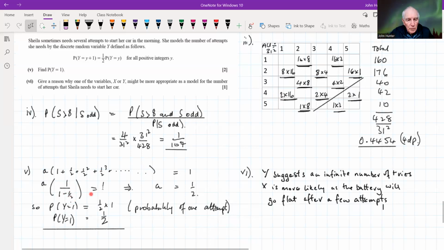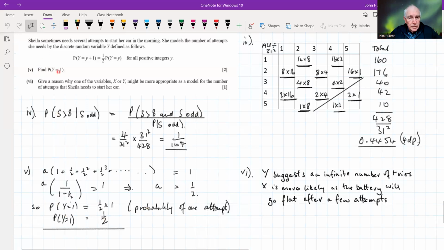And we know that to be 1. So that implies that A is equal to a half. So it's a similar sort of series, except this is infinite. Of course, it goes half, quarter, eighth, 16th, 32nd. These are all the probabilities going on, stretching on into infinity.